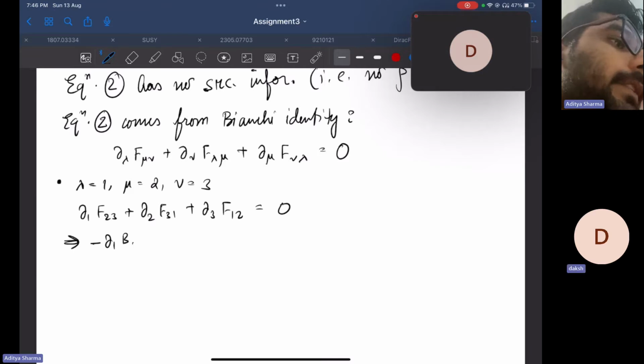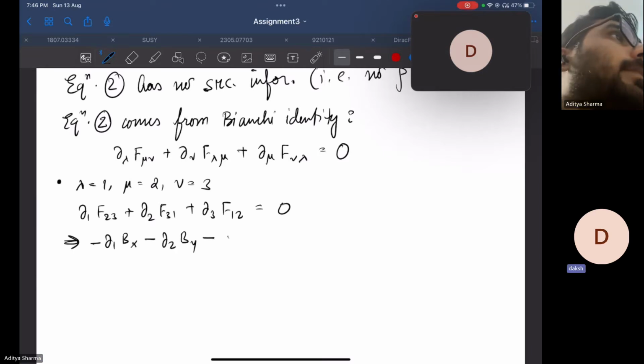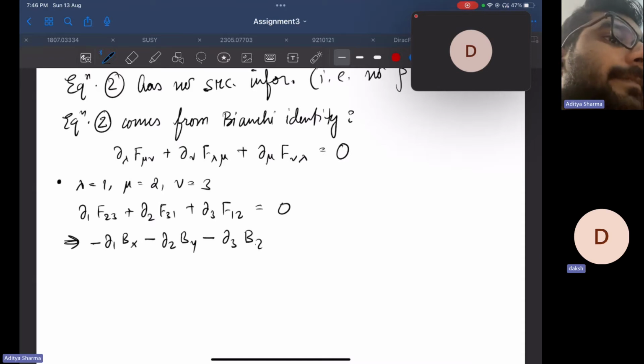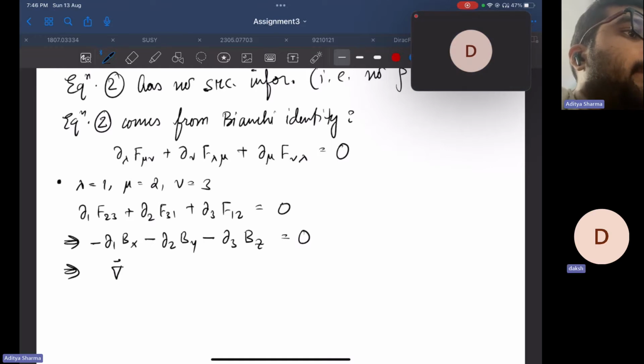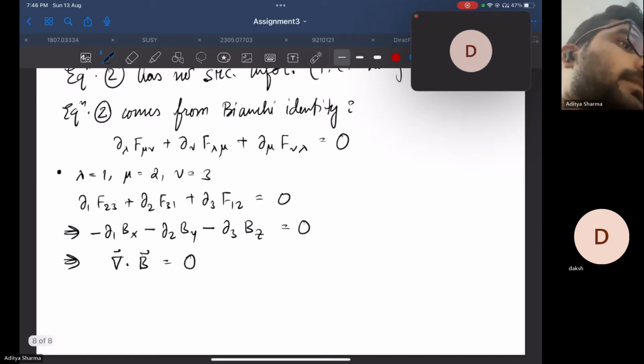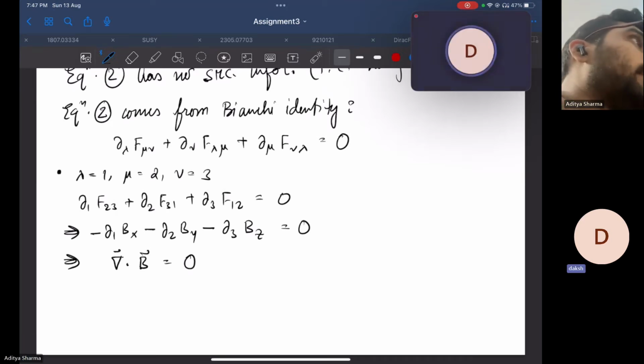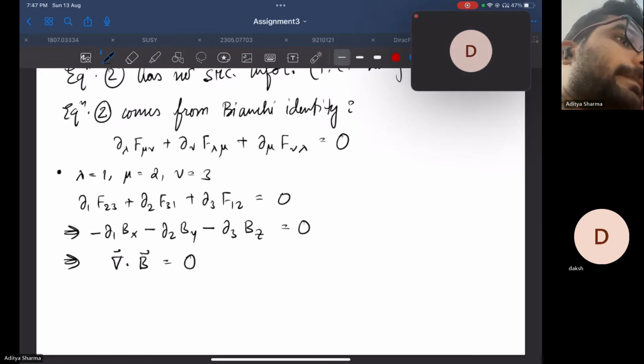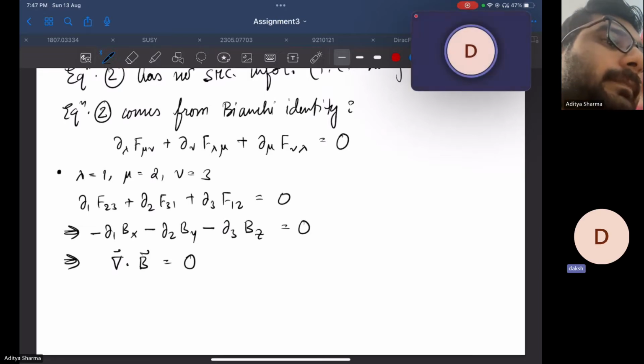Minus d1 Bx minus d2 By minus d3 Bz is equal to 0. This is nothing but divergence of B equal to 0. Got it? Yes, yes.